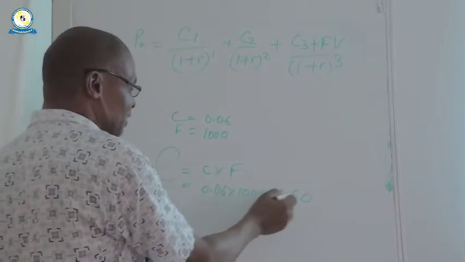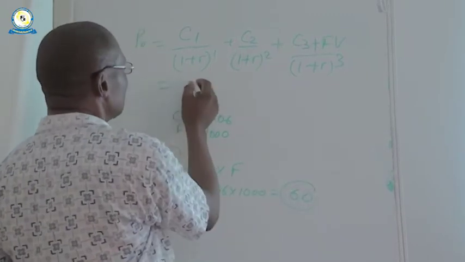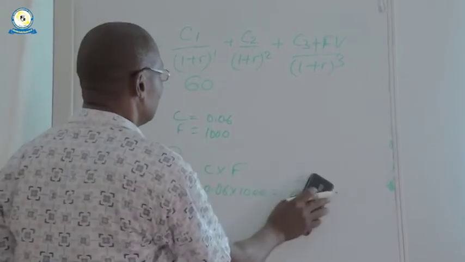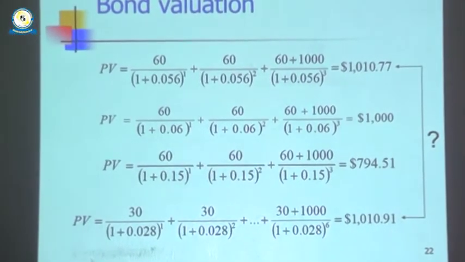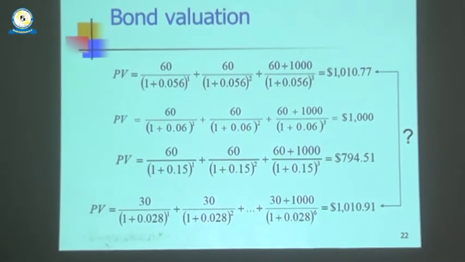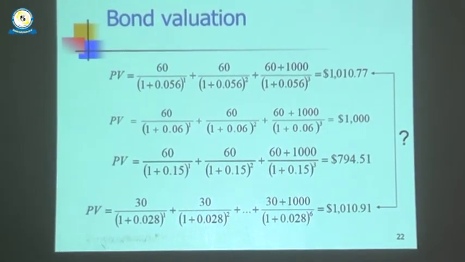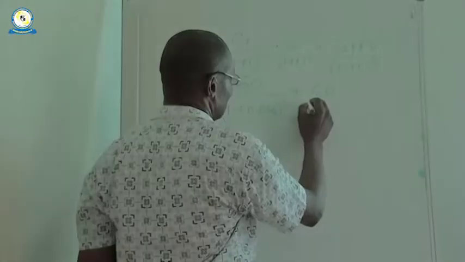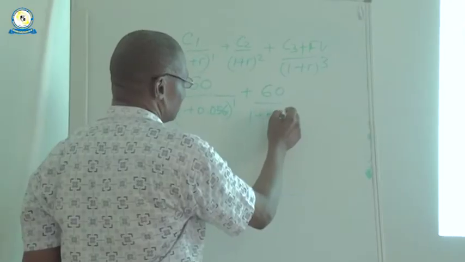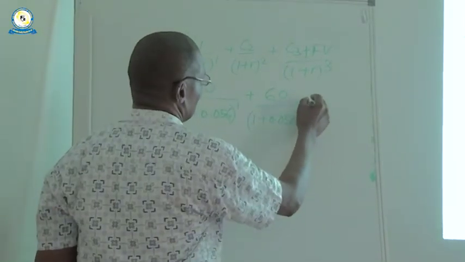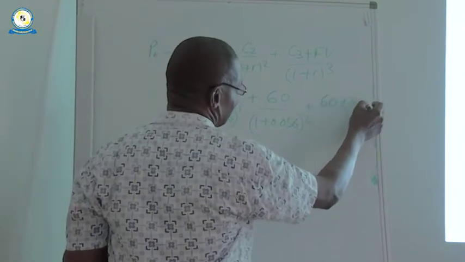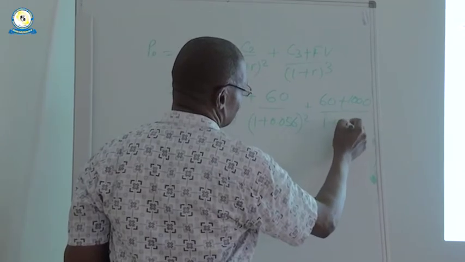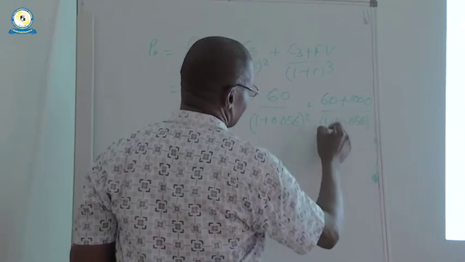Because now our C is 60, you take 60 divided by 1 plus the rate. Our rate is 0.056 for the first year. 60 over 1 plus 0.056 for the second year, plus 60 plus 1,000 over 1 plus 0.056 for the third year.